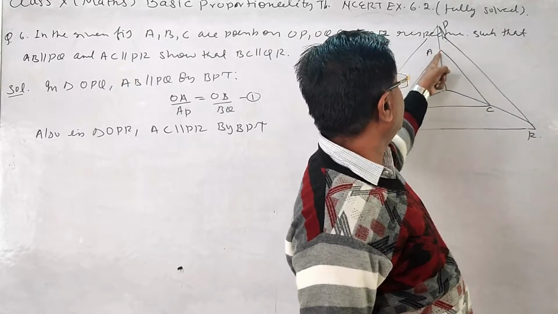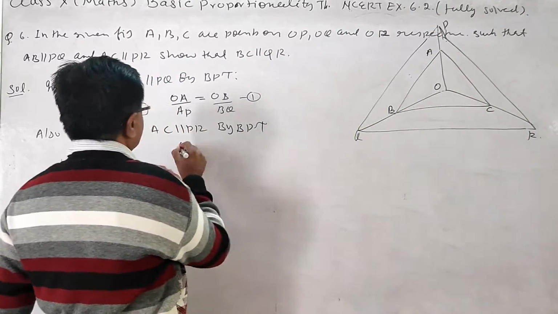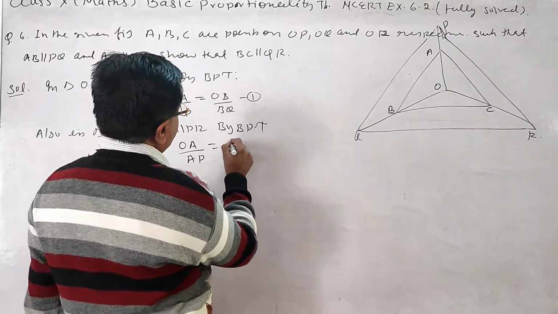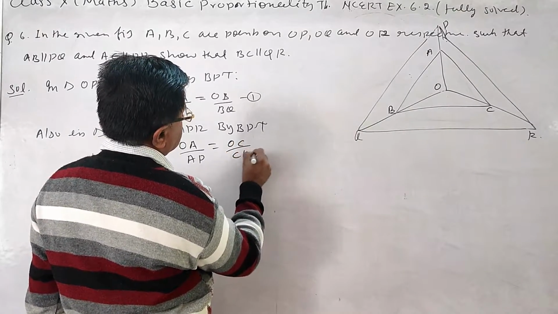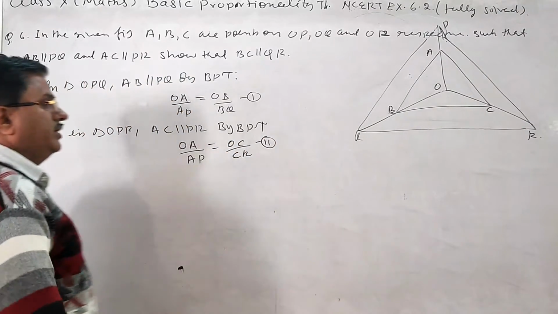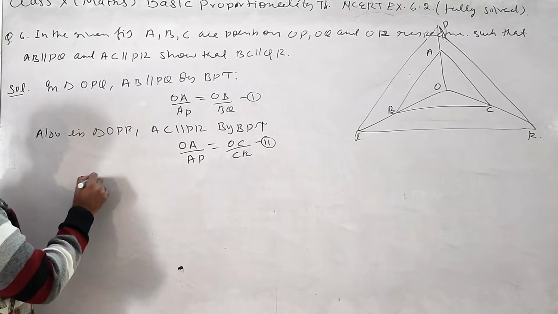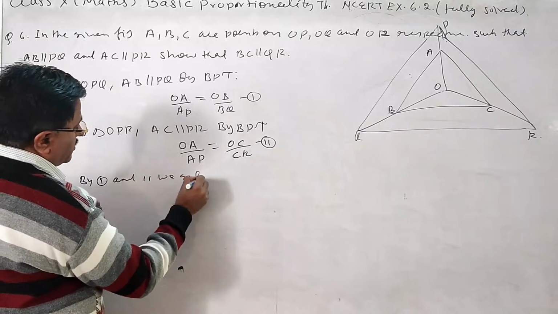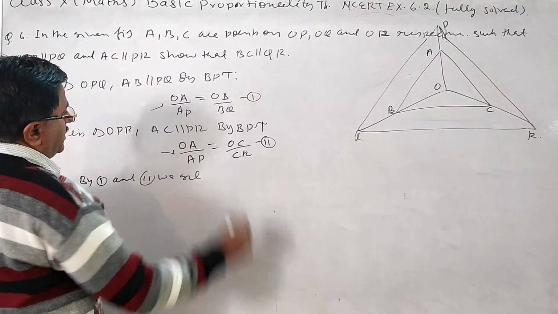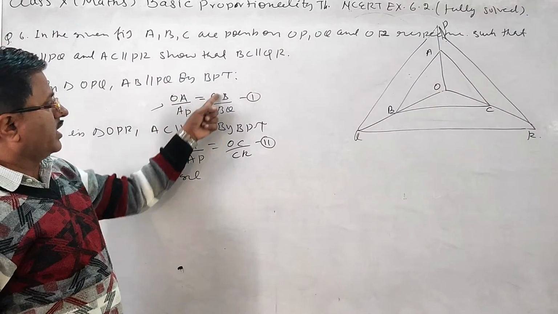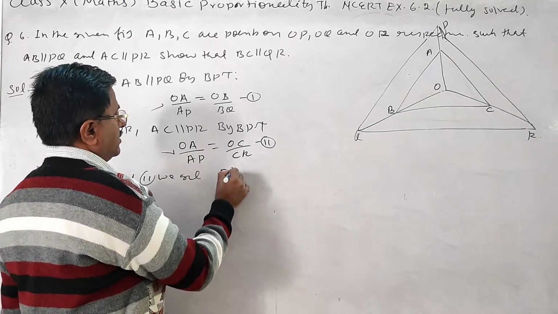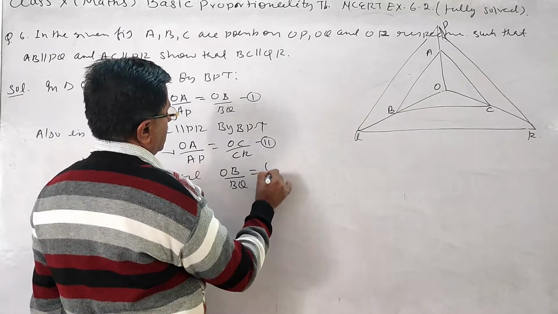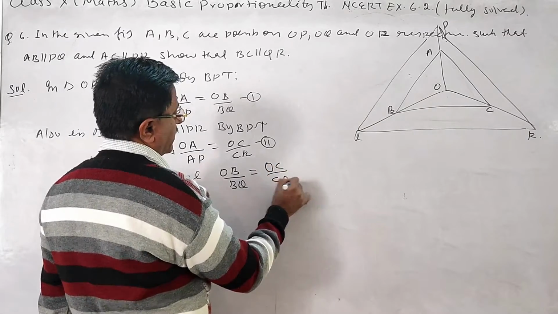So again OA upon AP is equal to OC upon CR. Now by 1 and 2 we get both have right and left hand side equal. So right hand side should be equal: OB upon BQ equal to OC upon CR.